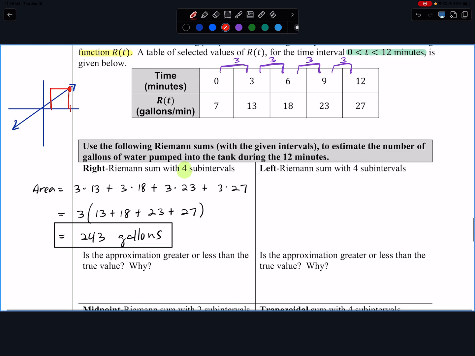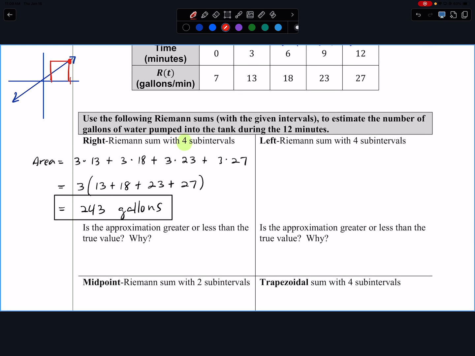This is an overestimate. So you could say this is greater since the function is increasing and it's a right Riemann sum. It's up top.